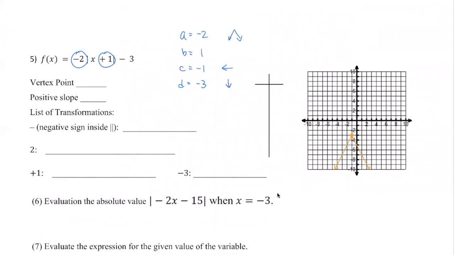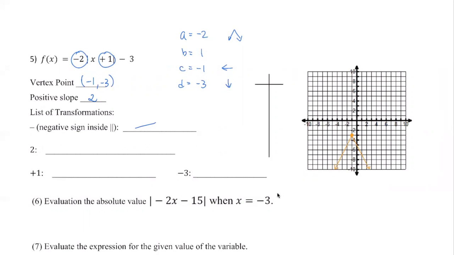And then now we will go ahead and input our simple information. So -1, -3 is our vertex. The slope is going to be 2 for the positive side. So we just look at the positive side, slope of 2. The negative inside the absolute value symbol, just go ahead and ignore that. I'm not sure why the question is here. There's no such negative inside the absolute value symbol.